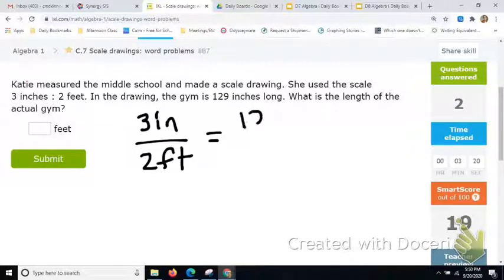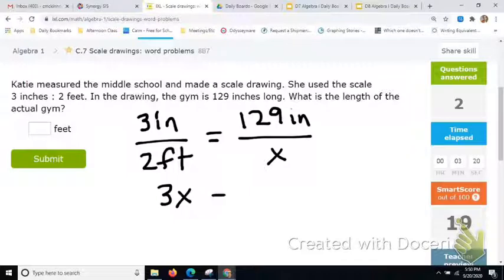So if this is 129 inches, we're looking for how many feet, the real life part. So again, cross multiply. You could just leave off those labels. So 3x is equal to 458.